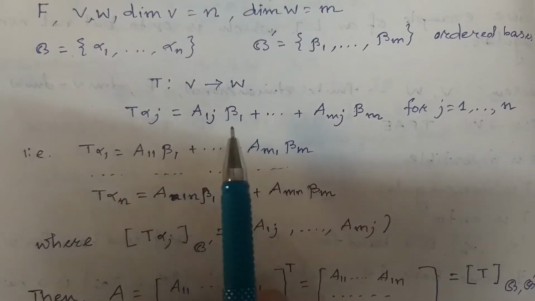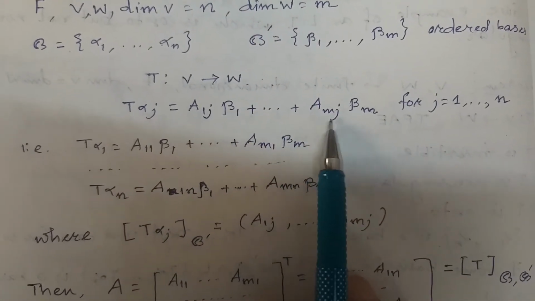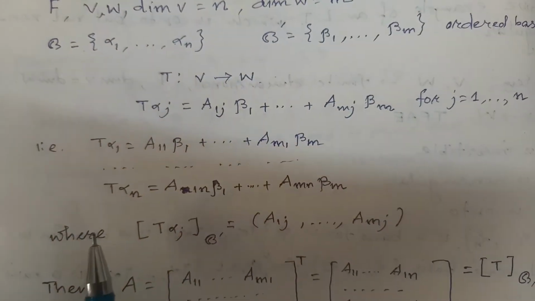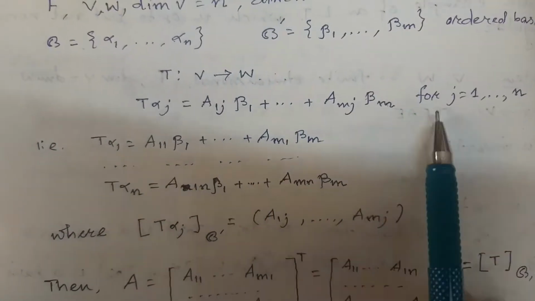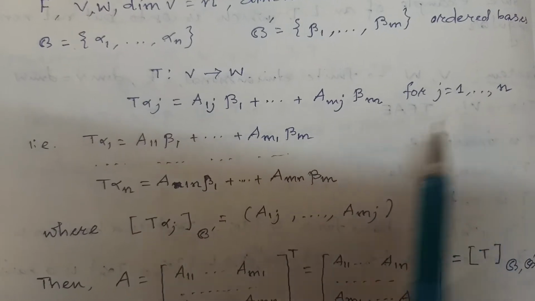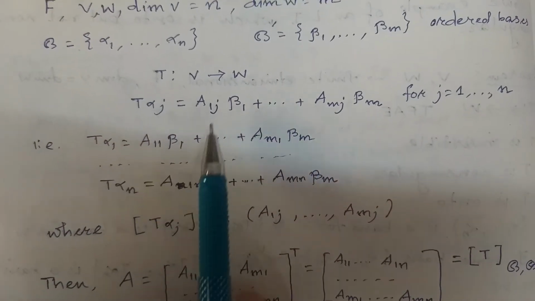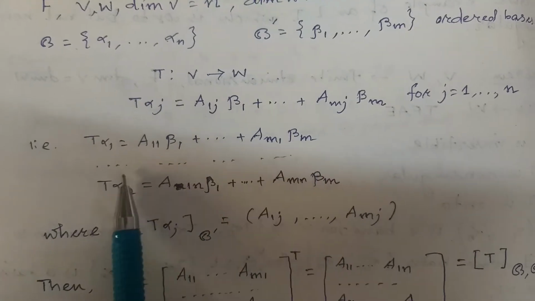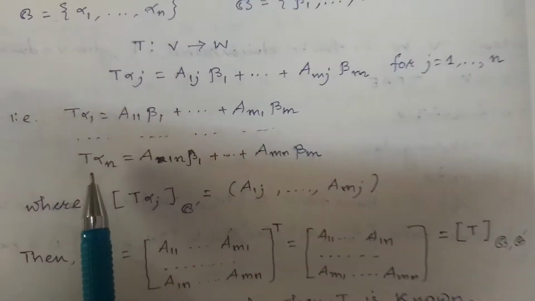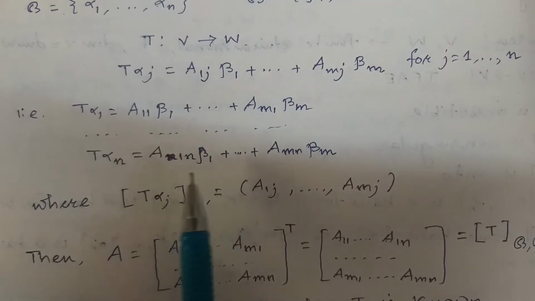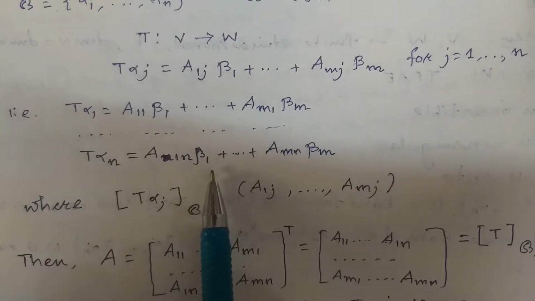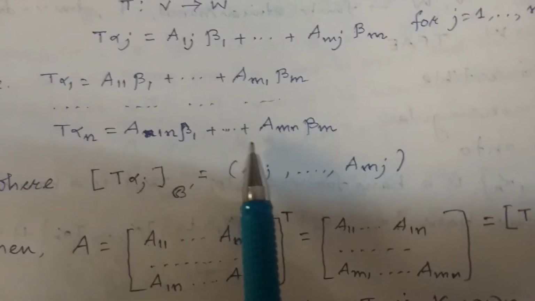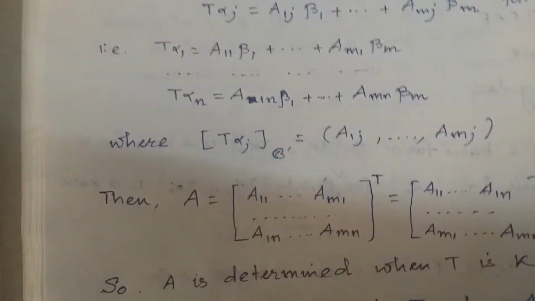Definitely a1j, a2j, ..., amj are elements from F, and j varies from 1 to n. That means T of alpha 1 equals a11 beta 1 plus ... am1 beta m. Similarly, T of alpha n equals a1n beta 1 plus ... amn beta m.